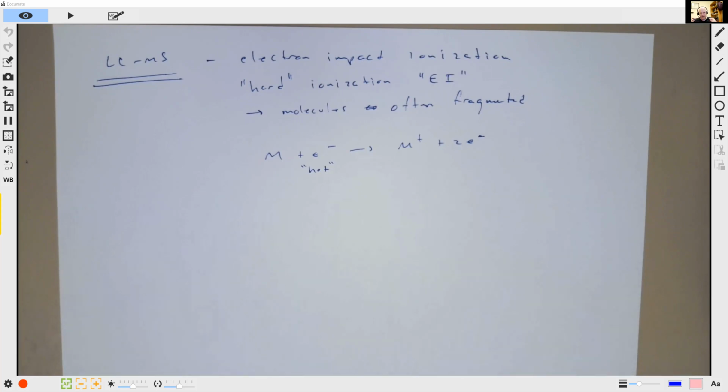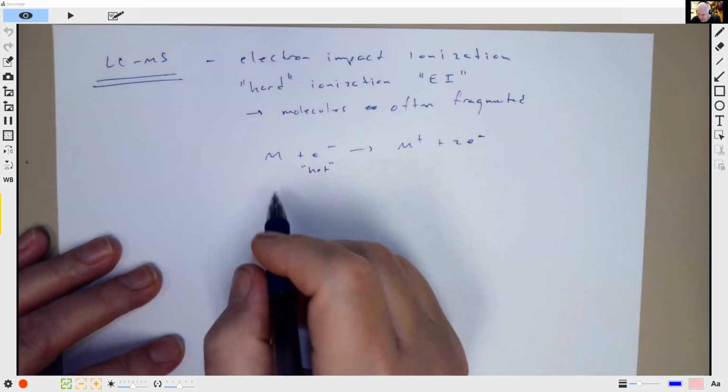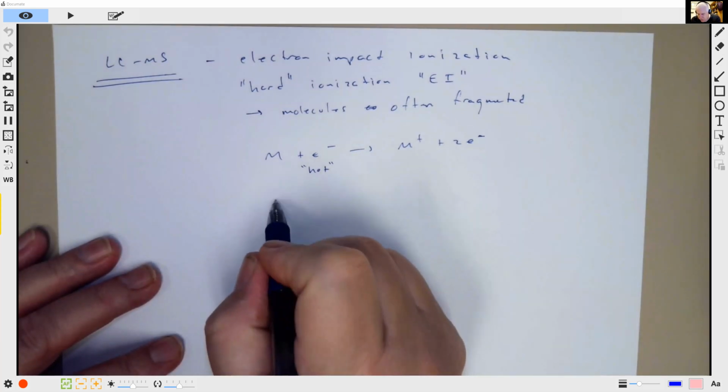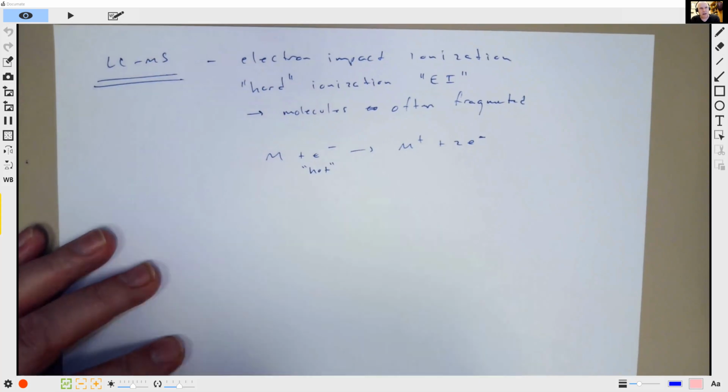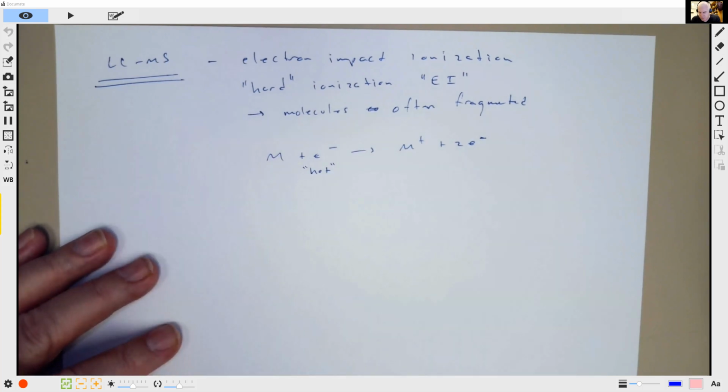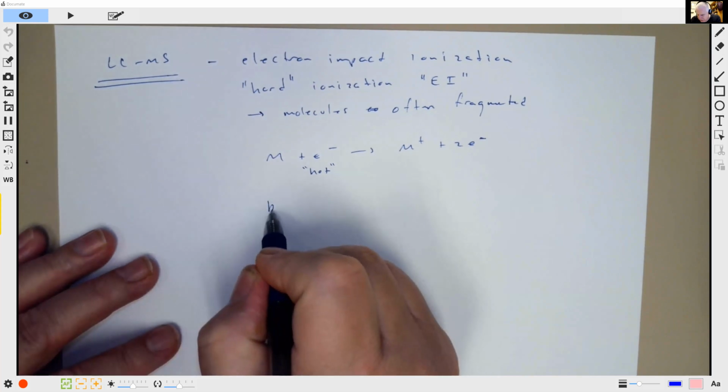And so you can direct these into a mass analyzer. And this hard ionization means that every molecule has a predictable, library searchable set of fragments, right? So if you have, say, benzoic acid, right?